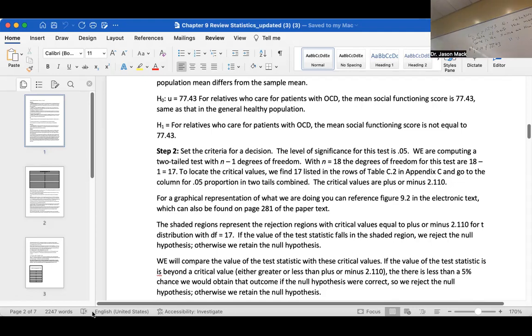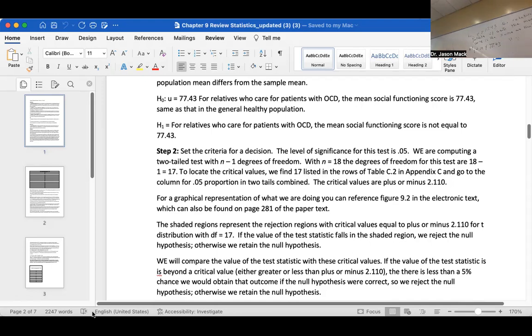And then we're deciding right here, the negative 2.110 and positive 2.110. This is going to be retain. This is going to be reject. Reject. So we're going to have the decision.